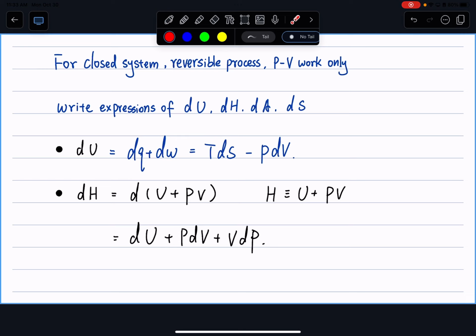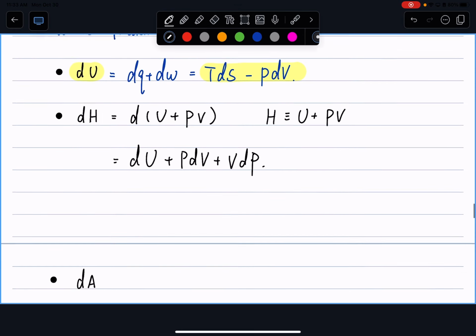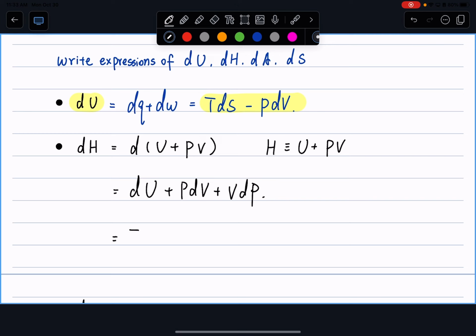Here we have our expression for dU equals TdS minus PdV, so we have TdS minus PdV plus VdP.